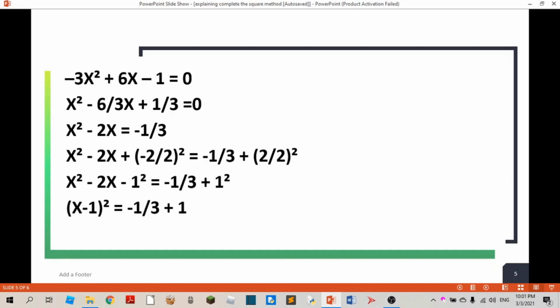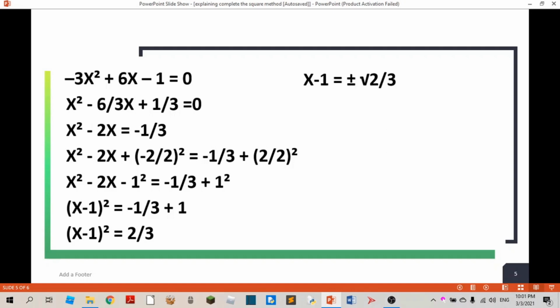We can factorize the left side using the perfect square equation, and it will bring us x minus 1 with the power of 2 equals negative 1 divided by 3 plus 1, which will bring us 2 divided by 3. Next, we will remove the power of 2 from the left side and add the square root to the right side.